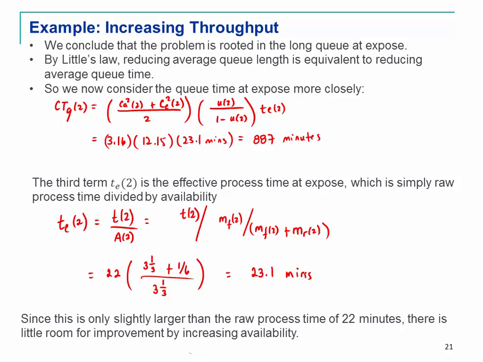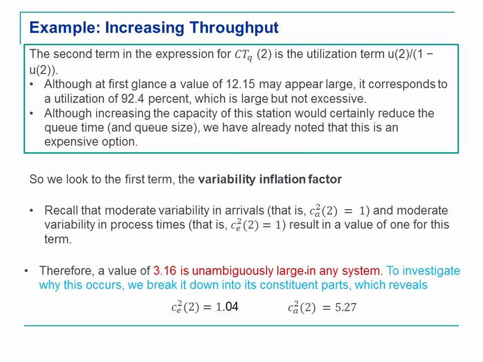Okay, so if we go back here, that is the coefficient that we are trying to find out why. We know fixing this part is going to be very expensive, so now we are targeting this part. So we want to know why this number is so high.